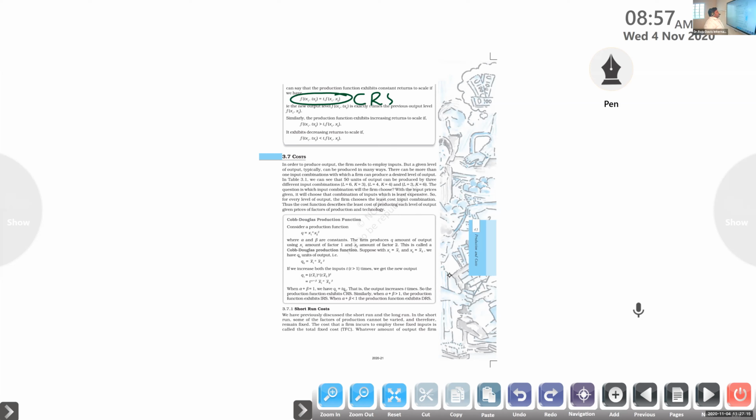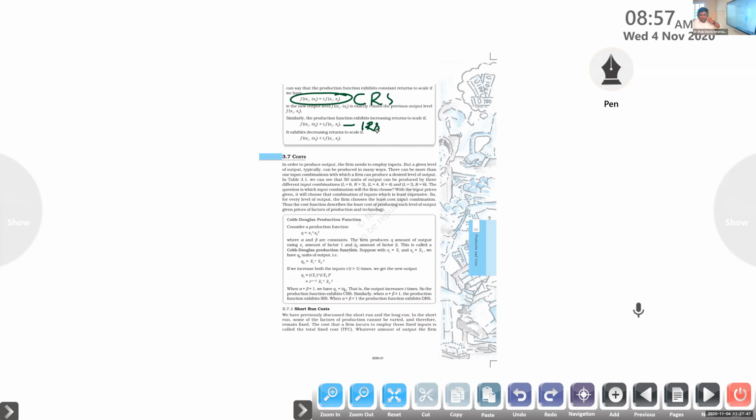Similarly, the production function exhibits increasing returns to scale, IRS. Here the function of tx1 and tx2 is more than the proportion of the input we used. So f of tx1 and tx2 is greater than t times the function of x1 and x2. Clear or not?